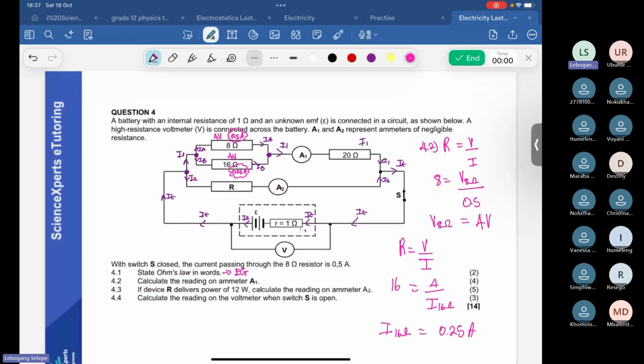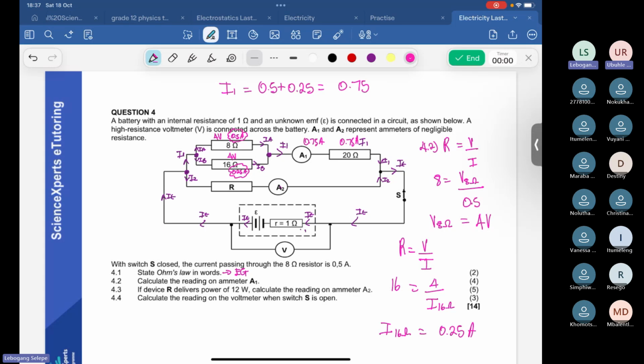So I1 is equal to 0.5 plus 0.25, which is 0.75. Therefore, the current here is 0.75 A. Also here it's going to be 0.75 A. They can ask you to calculate the voltmeter reading across the 20 ohm resistor. You have the current, you have the resistance, you can do that.